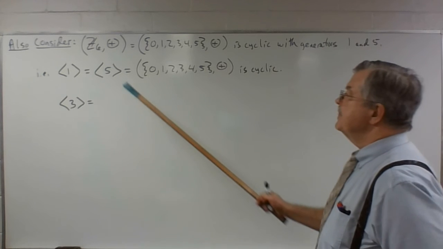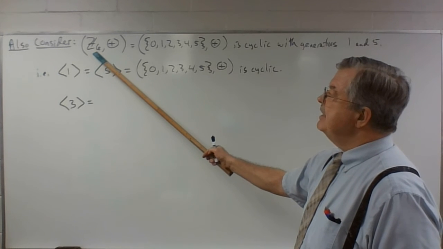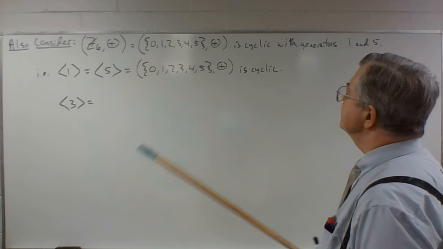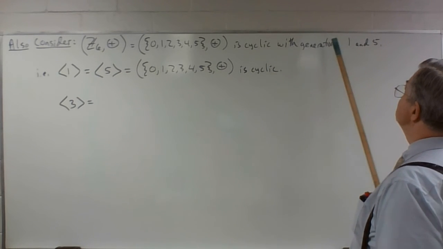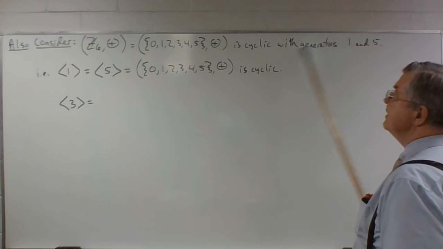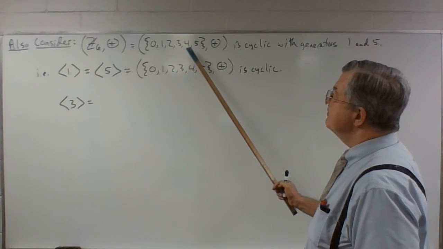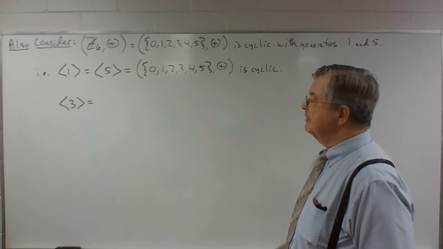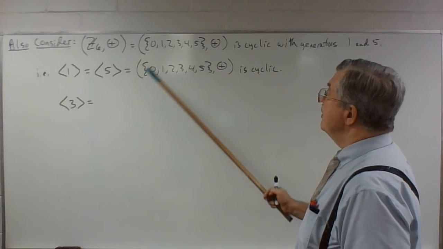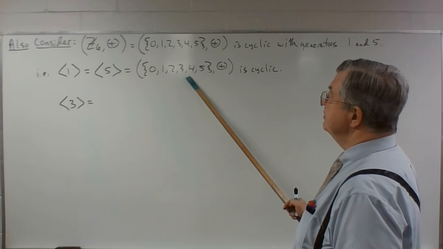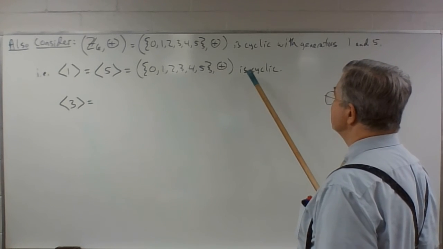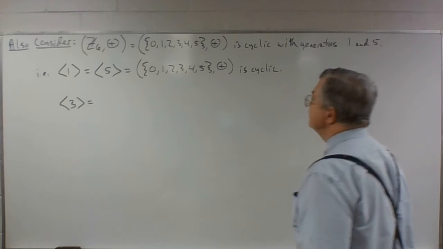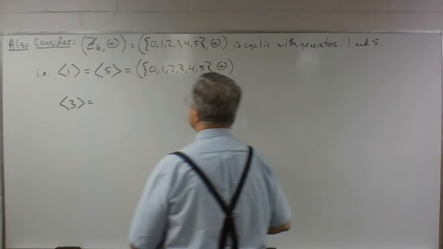Another example, the set of remainders modulo 6 under addition modulo 6. This is cyclic with generators 1 and 5. Those elements 1 and 5 are relatively prime with respect to 6. So this group, Z6, is cyclic.